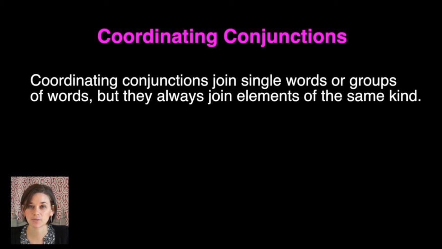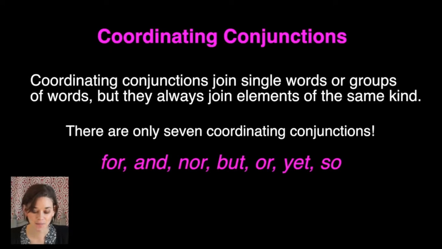We'll look at some examples in just 1 second, but before we do that, let's look at what the possible words are that can be coordinating conjunctions. For, and, nor, but, or, yet, and so are the 7 words that can be coordinating conjunctions. You should memorize these. There are only 7 of them.